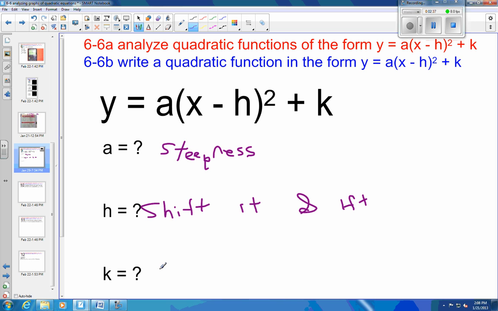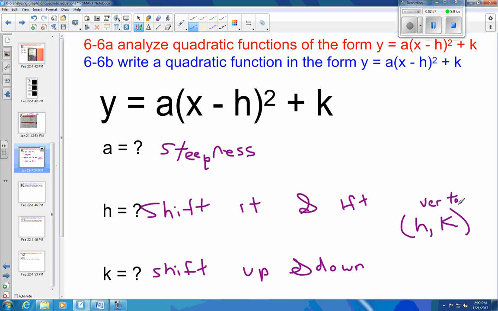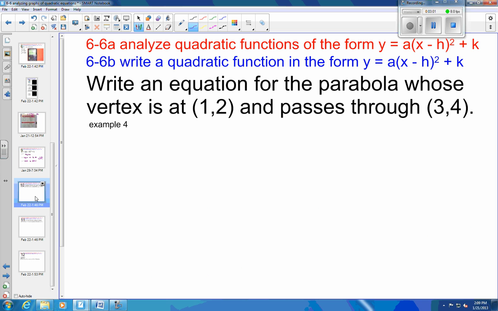And k is a shift up and down. And your center, your vertex, is always (h, k). Okay, with that in mind, let's go look at those last couple of problems here.